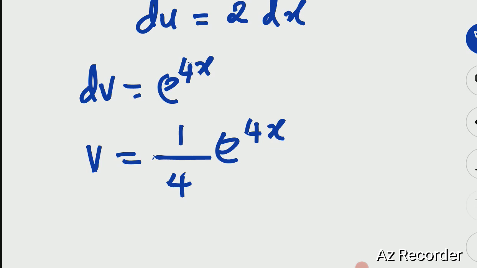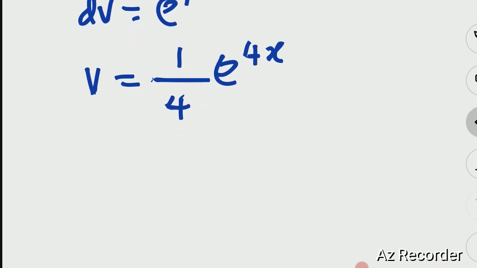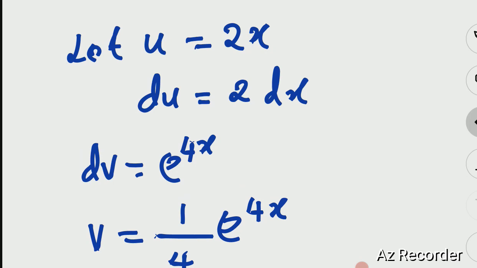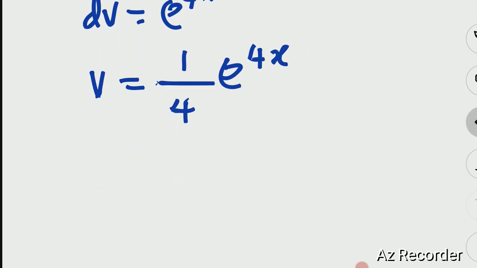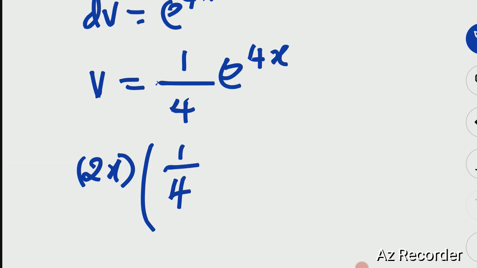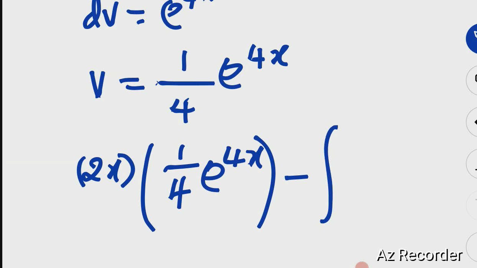So now the next thing we are going to do is substitute them directly. We have uv. What is our u? Our u is 2x, so we have 2x times 1/4 e to the 4x, minus the integral of v.